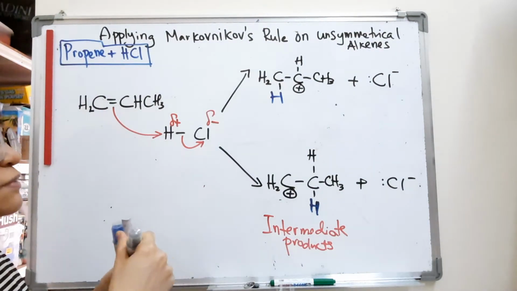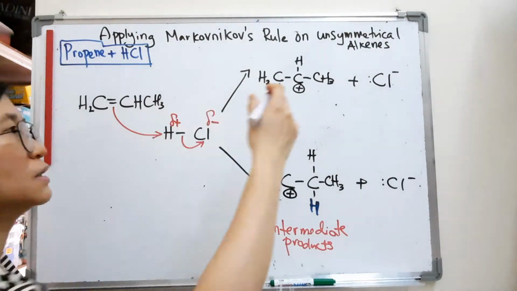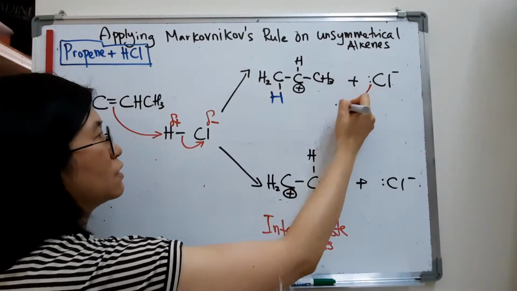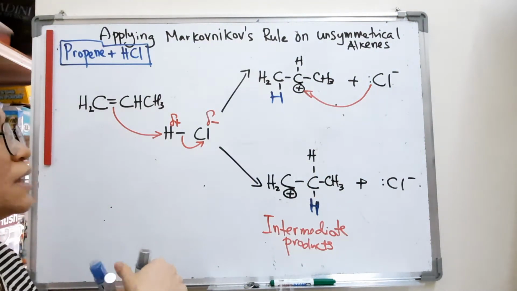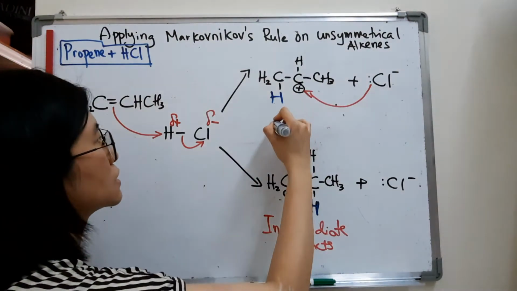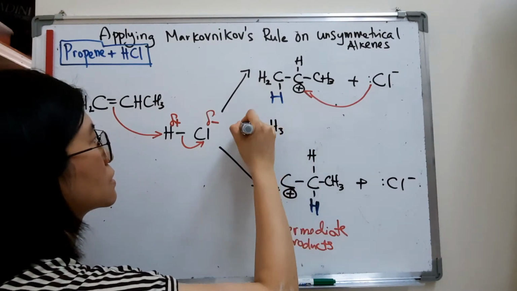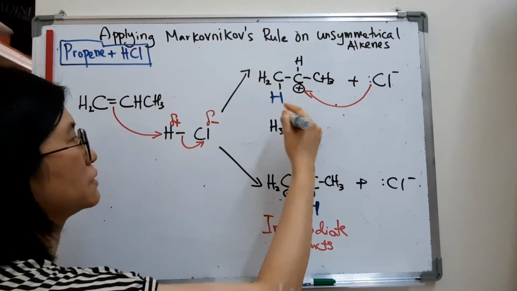The first one: if Cl attacks, if Cl forms a bond back with the carbocation over here, the result that I got would be, okay, this will be my result.